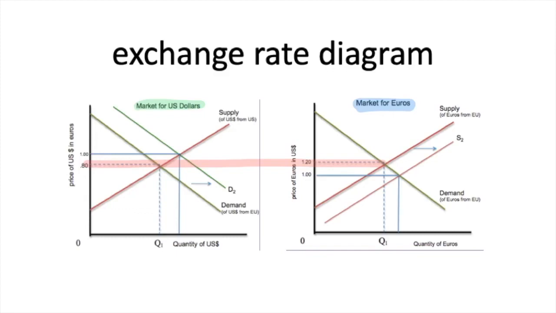This increase right here is exactly the same increase as right there. That's the same transaction. This is from looking at it from the perspective of dollars, which means that the value of the dollar would go up. It would get stronger because the demand for dollars went up.